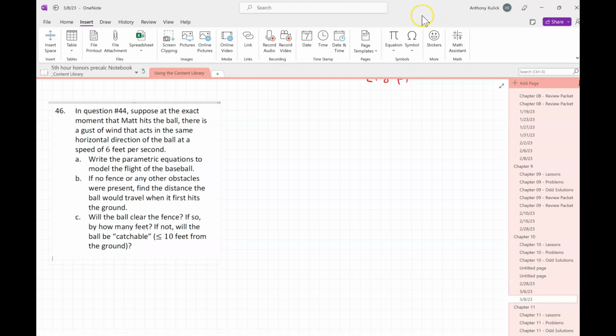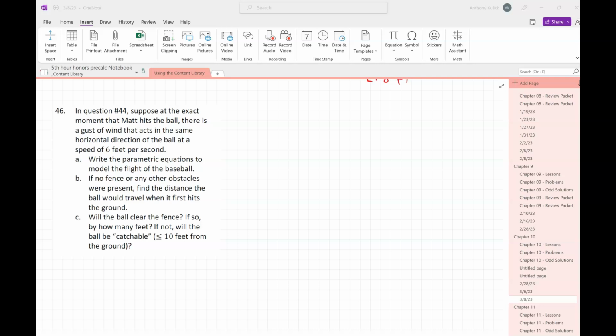So in 46, it says, in question 44, suppose that at the moment that Matt hits the ball, there's a gust of wind that acts in the same horizontal direction of the ball at a speed of 6 feet per second.